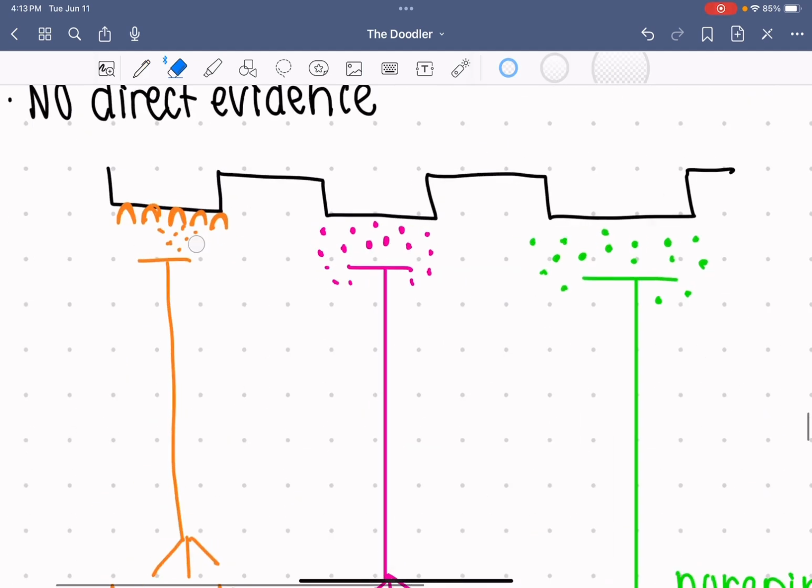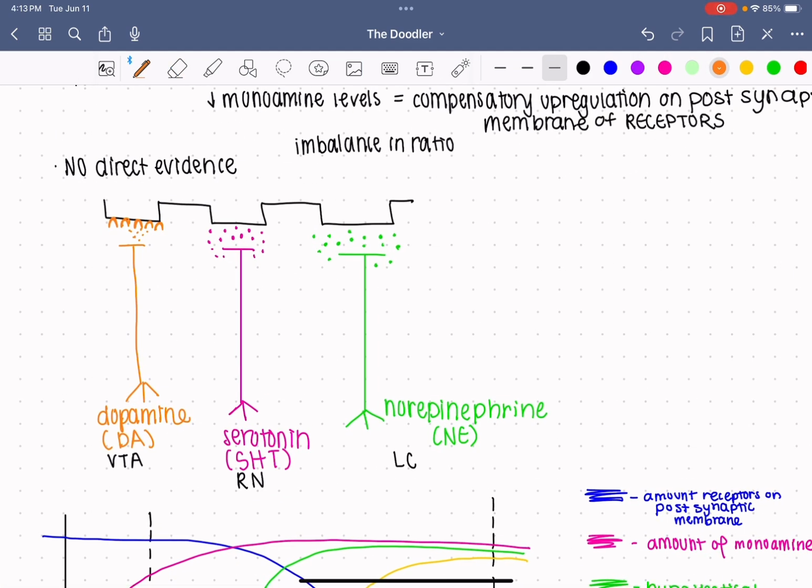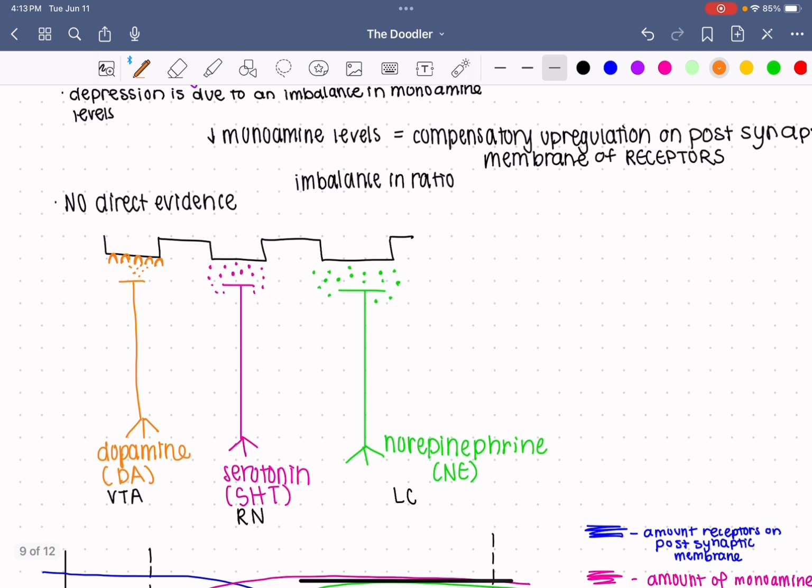It's thought that this imbalance in the ratio of receptors to monoamine is what causes depression, and that's what the monoamine theory states. But there's no direct evidence for this.